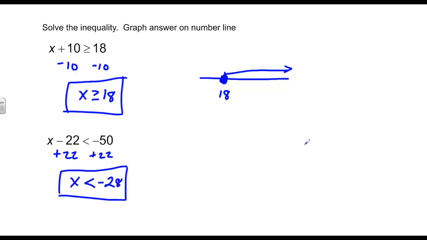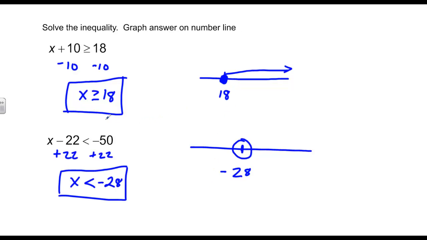I need to graph it, so I'll go to a number line again, put down negative 28, and here's where that would exist. But this says x is strictly less than negative 28. So I can't include this number in my answer. In order to notate that, I give an open circle at negative 28 rather than a closed circle.